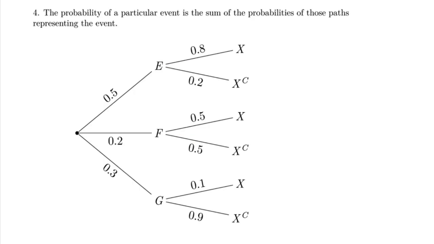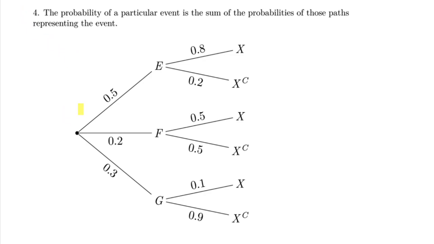And the final property is this. The probability of a particular event is the sum of probabilities of those paths representing the event. So let's break this rule down.